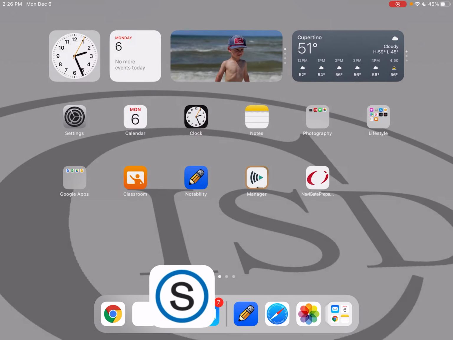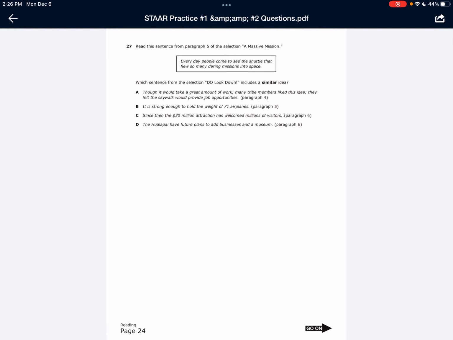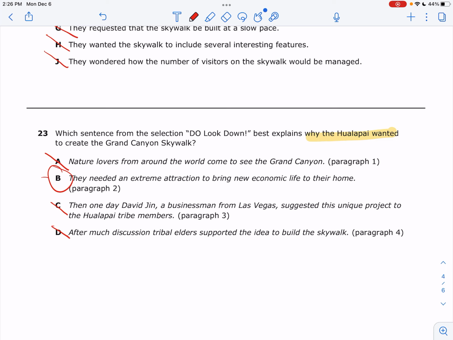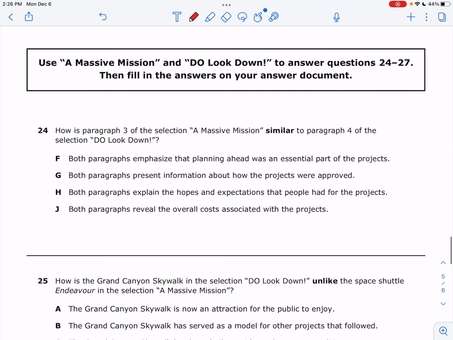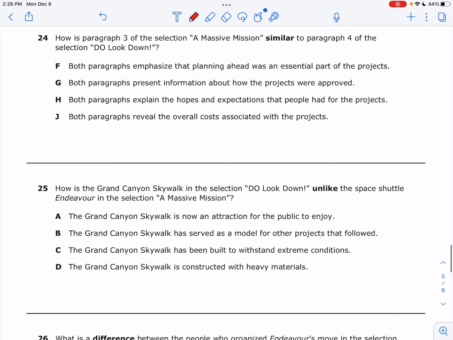For time, I'm going to be 100% transparent: I have the passage on a piece of paper, so I'm going to look at the first passage on paper, and then look at the questions with you on here. So we've got to make sure we read these questions really, really carefully.